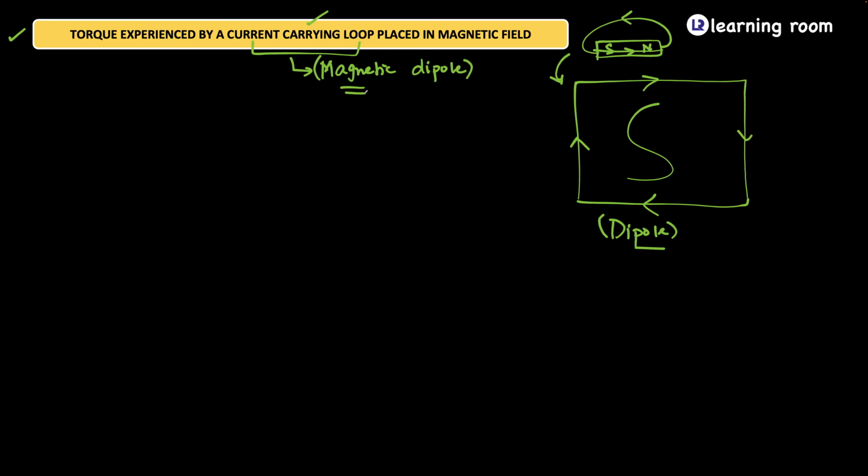Right? So we didn't go to the main topic yet, but I wanted to explain why a current carrying loop is actually a magnetic dipole. Do you guys understand? Right? So just make a note of this.